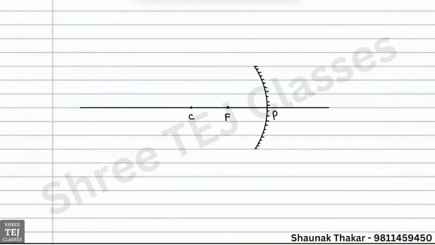Now, laws of reflection are always followed regardless of the surface, in the case of plane mirrors and also spherical mirrors. But considering any rays, it will be very difficult to draw ray diagrams. So we have a set of rules which help us in drawing ray diagrams. Let us look at those rules one by one.